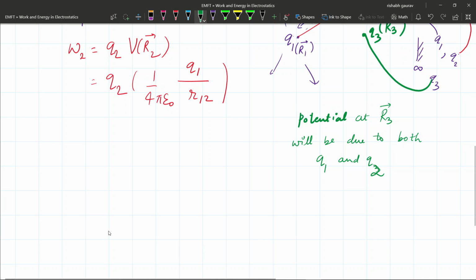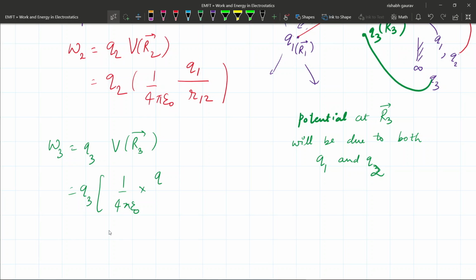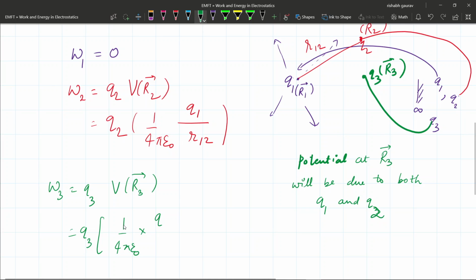So W3 will be given by Q3 times the potential at the position R3, and that is given by 1 by 4 pi epsilon naught multiplied by the potential at the position R3 due to Q1, which is Q1 by the distance R13.